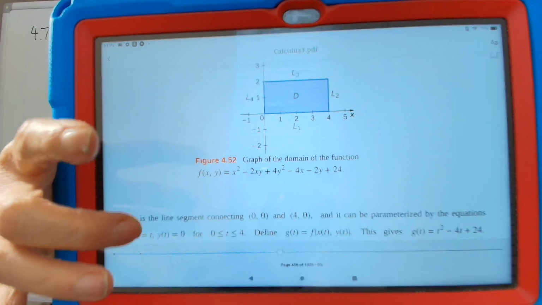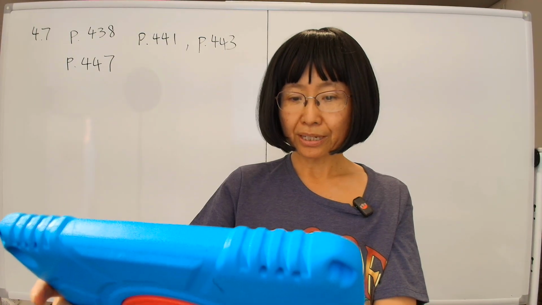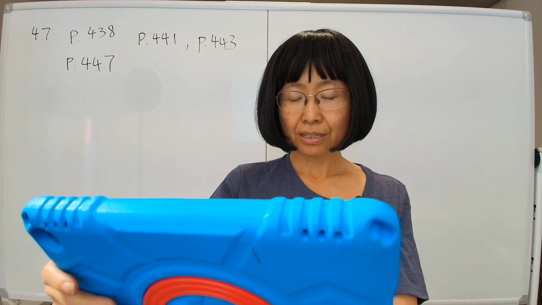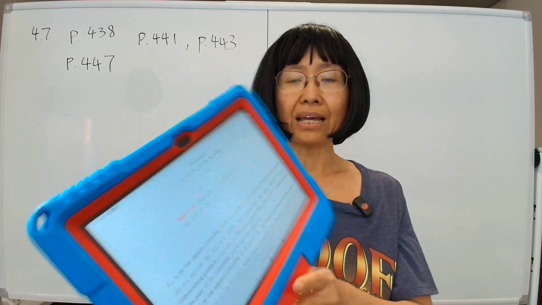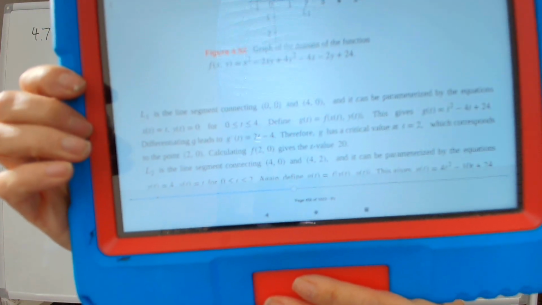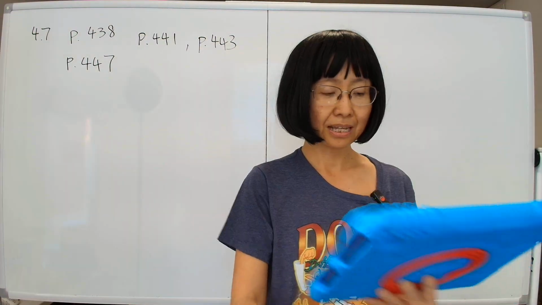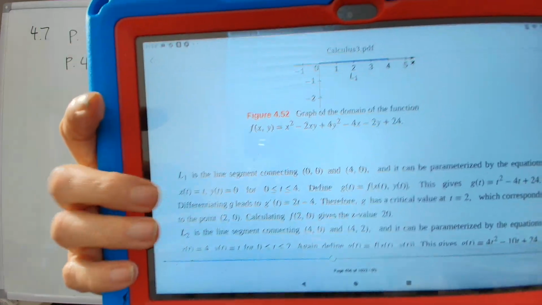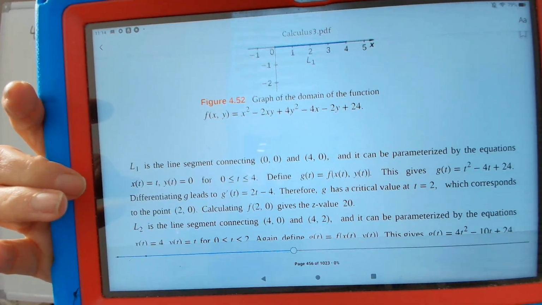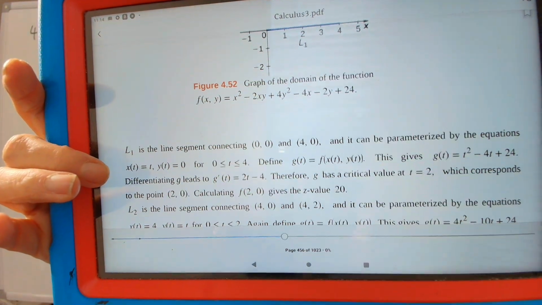And as you can see, L1 is to be represented by some equation, x(t), y(t). Now L1 is simply some line along the axis, which can be parameterized by the equation x(t) equal to t and y(t) equal to 0.